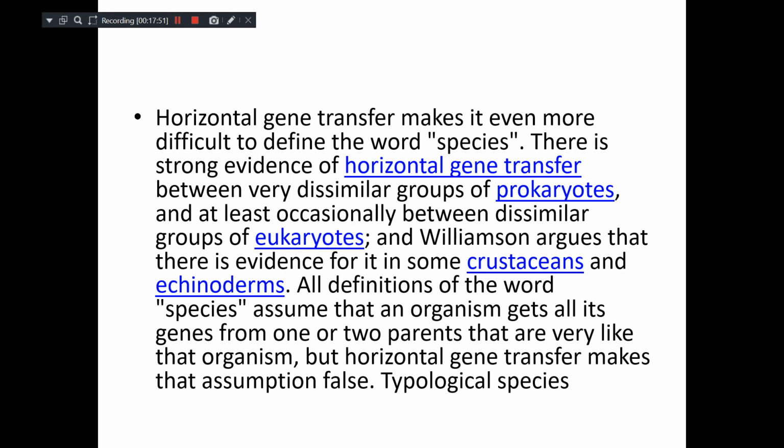Because the species definition assumes that an organism gets all its genes from one or two parents that are very much like that organism. But horizontal gene transfer makes that assumption false. How can horizontal gene transfer happen?